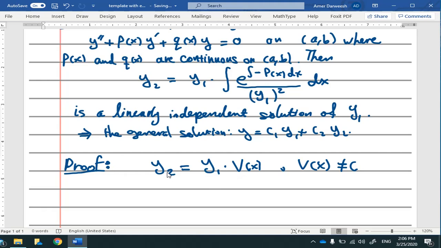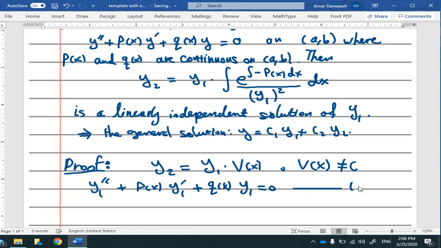If we assume y2 is a solution for the equation above and y1 is a solution, then we have y1 double prime plus p(x) y1 prime plus q(x) y1 equals 0.